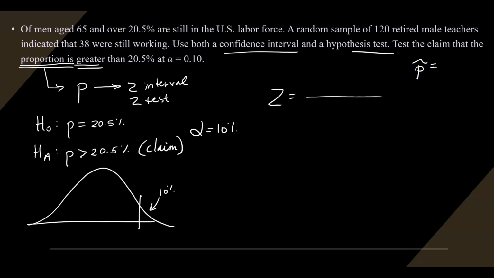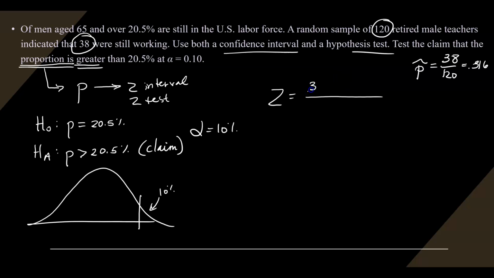In order to calculate the p-hat, I'm going to do 38 out of 120, and that turns out to be 0.316. So this is my p-hat, or my observed value.